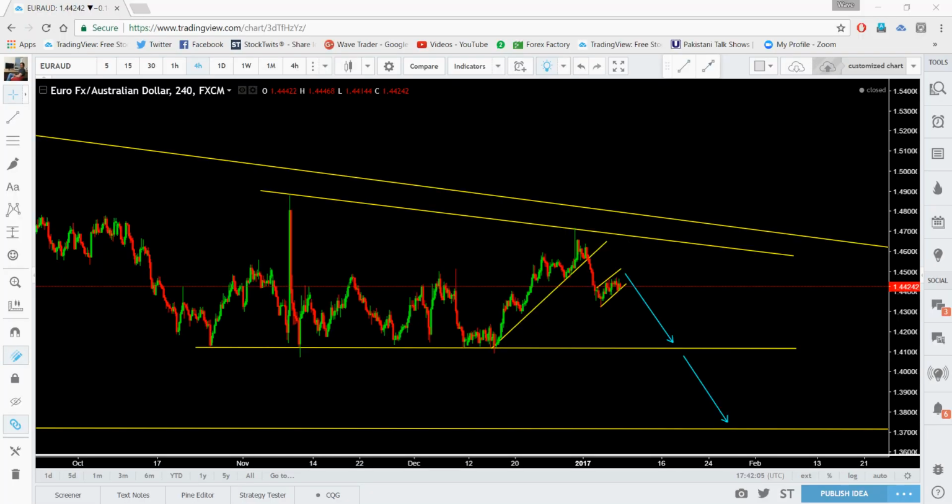Trend continuation pattern is forming amazingly. I'm trying to bring the image in which I asked you to watch for the continuation pattern.